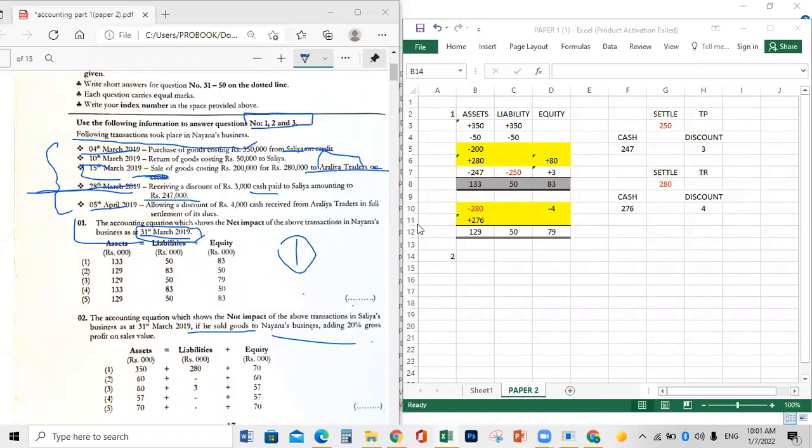If Salia's business sold to Nayana's business, adding 20% profit on the sales value, they are asking what is the net impact in Salia's business. Before, you did it from whose business point of view? From Nayana's business point of view. Now you have to do it from Salia's business point of view.